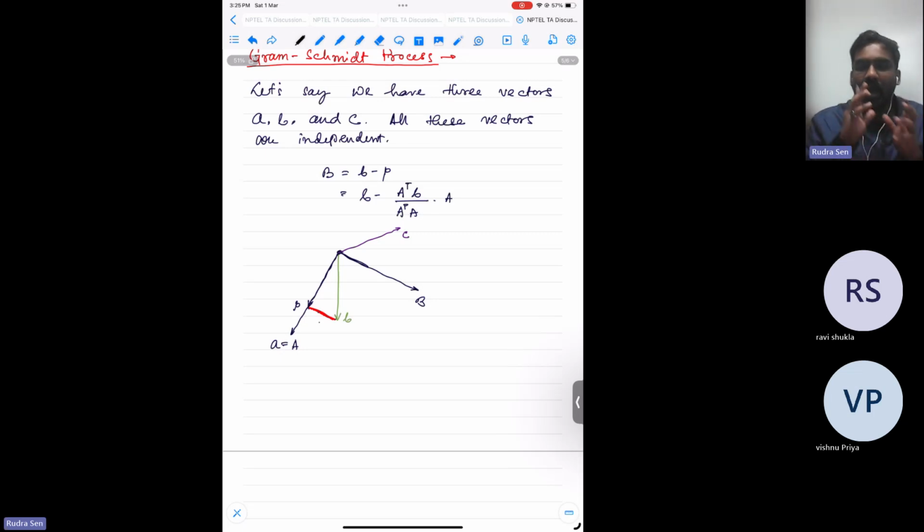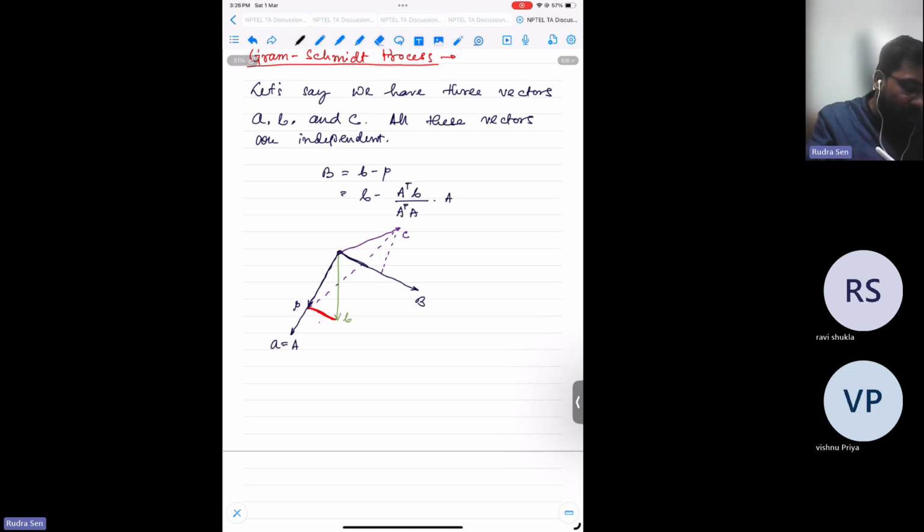It's not that we just project this vector on B and we get that. No, we have to make sure of both, since it is difficult to draw a 3D picture on 2D paper. So we have to project the C vector on B vector and A vector as well.